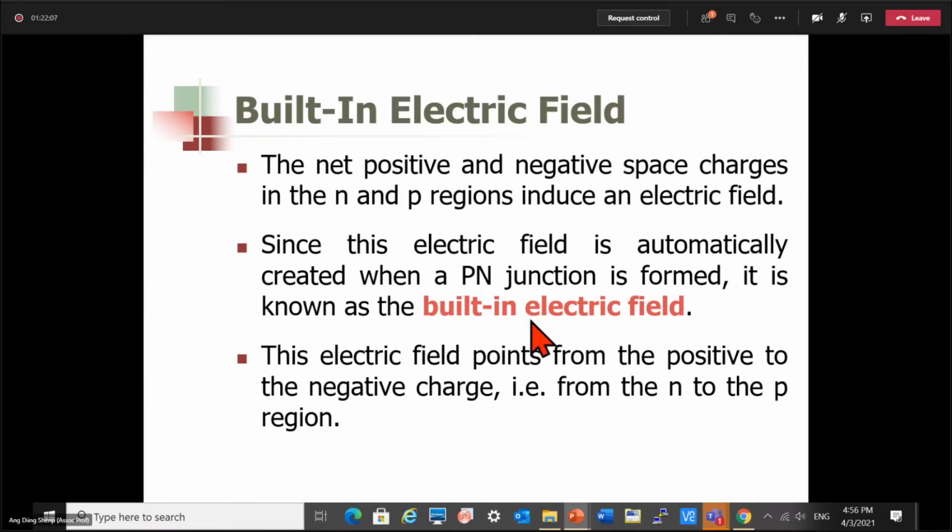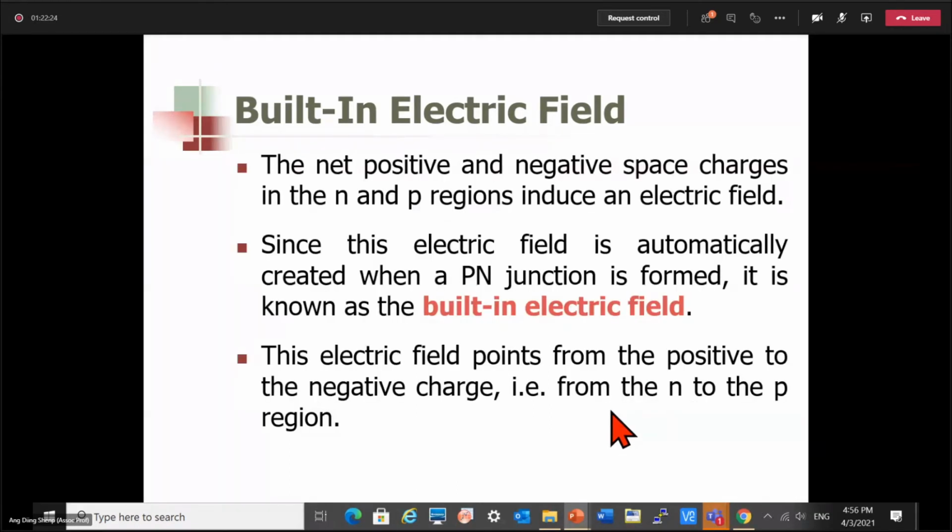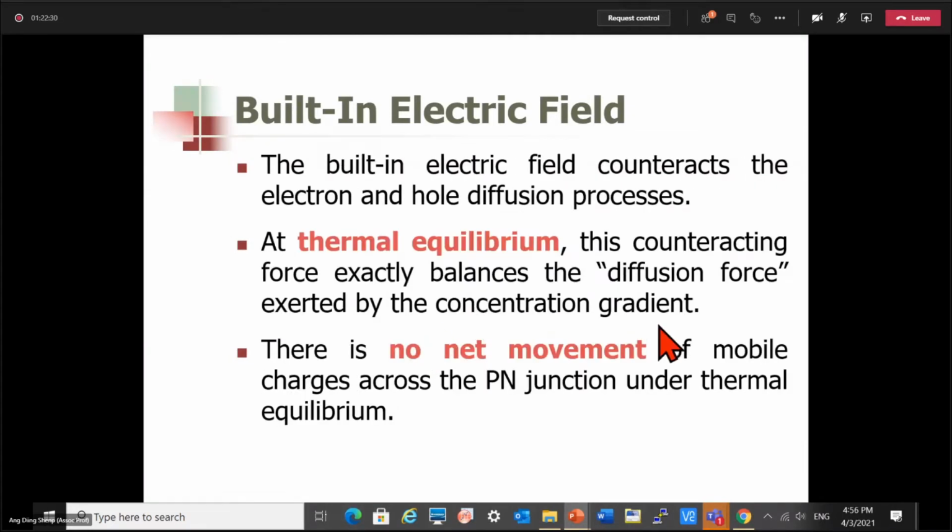So you can see it here again because we have an example of a non-uniformly doped semiconductor. A PN junction is a classic example of a non-uniformly doped semiconductor. The doping concentration changes drastically from P to N or from N to P. I've mentioned this just now, so you can read it later on.